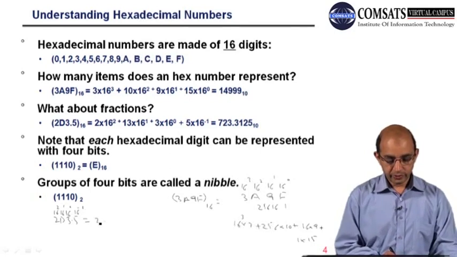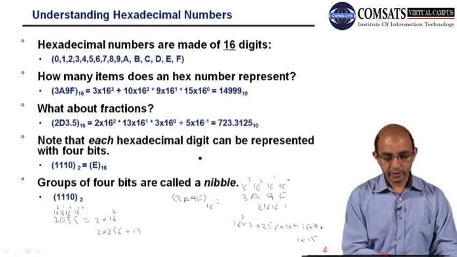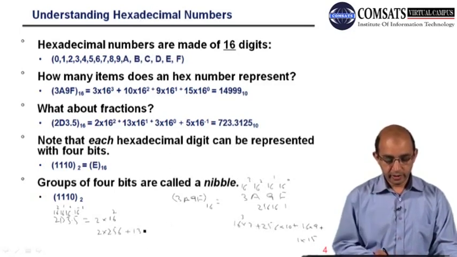So 2 into 16 raised to power 2, or you can say 2 into 256, plus D, 13, so D 13 into 16, plus 3 into 1, plus 5 into 16 raised to power minus 1.